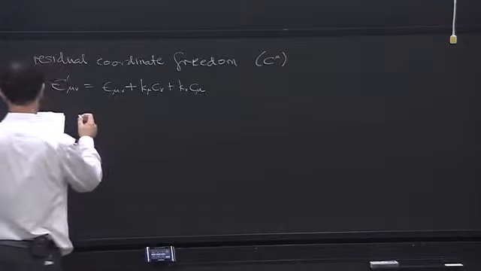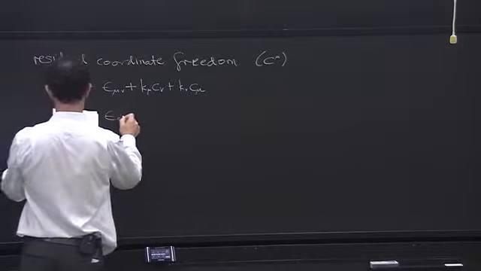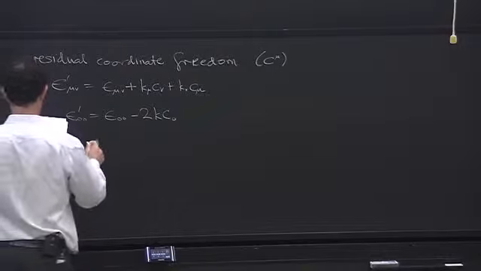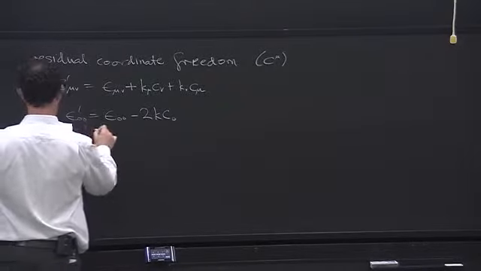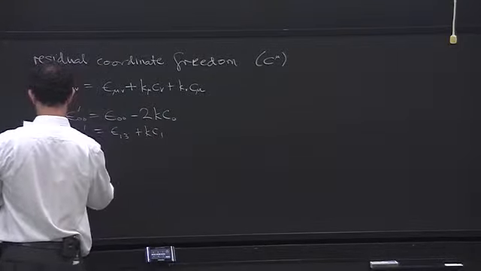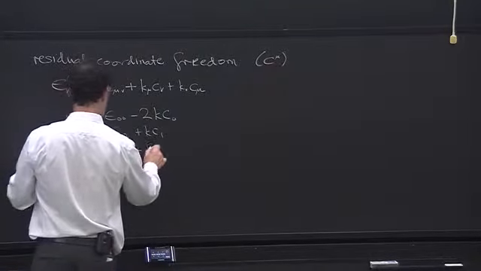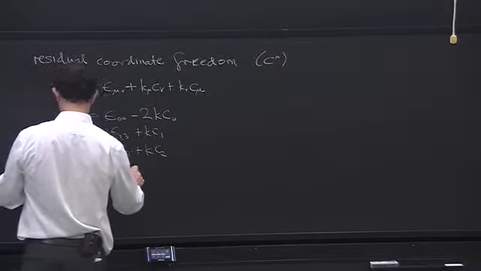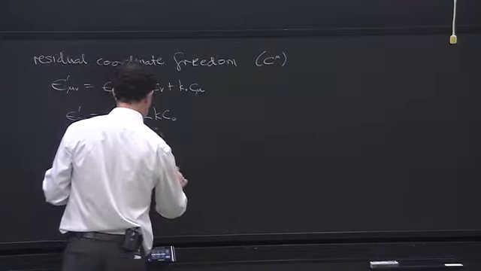And so this gives us epsilon 0,0 prime is epsilon 0,0 minus 2k c0. Epsilon 1,3 prime is epsilon 1,3 plus k c1. Epsilon 2,3 prime is epsilon 2,3 plus k c2. Epsilon 3,3 prime is epsilon 3,3 plus 2k c3.